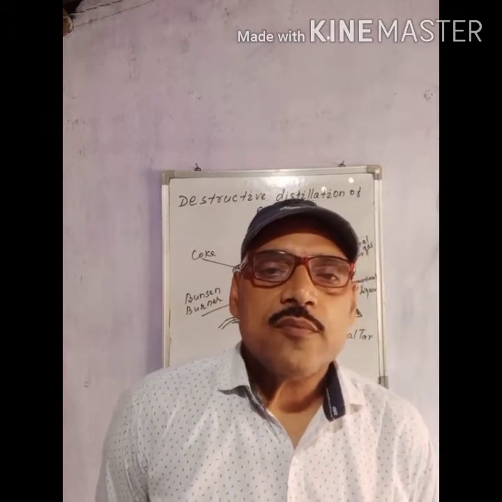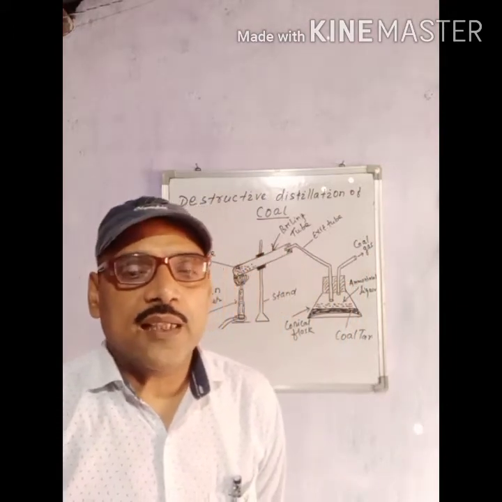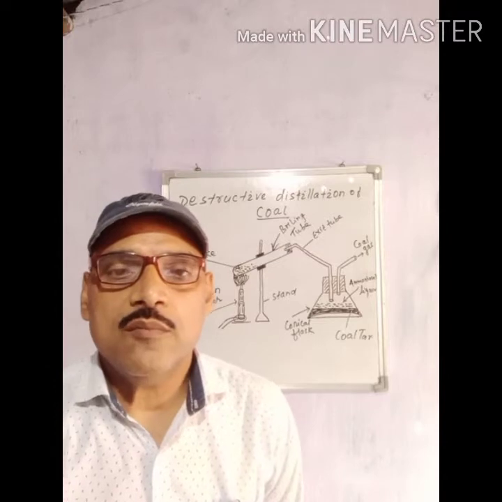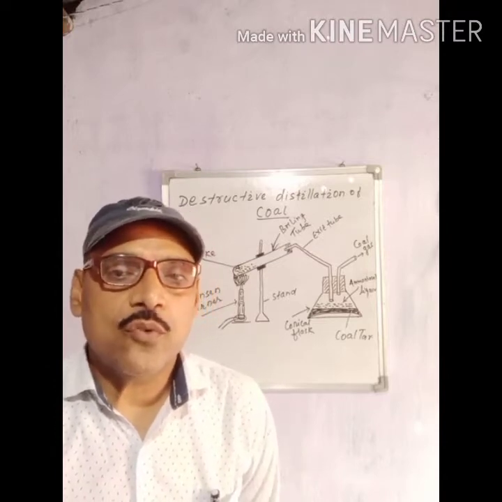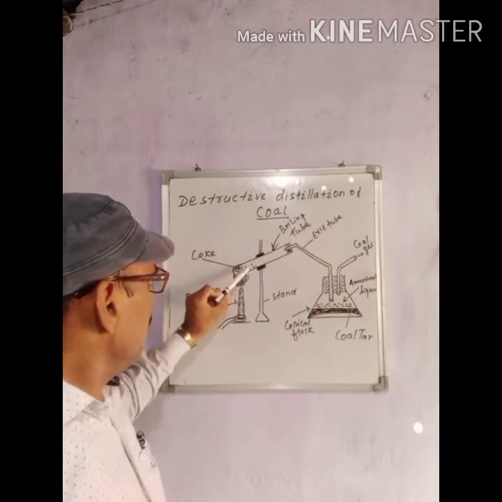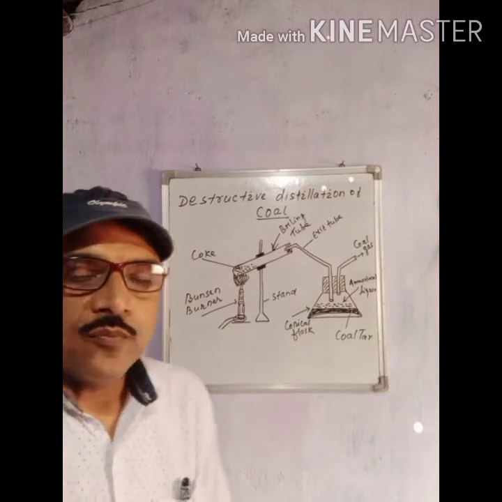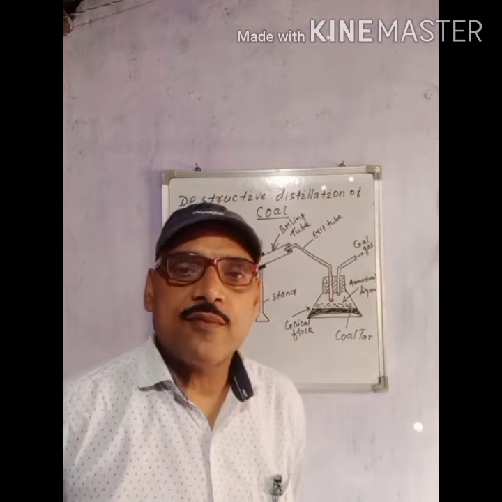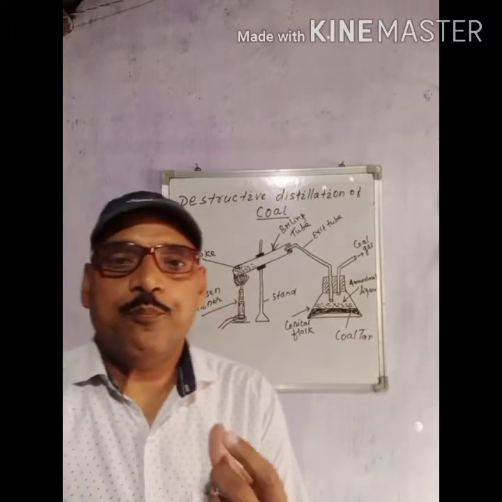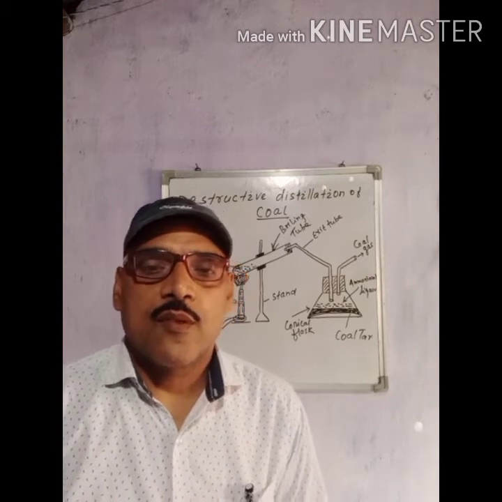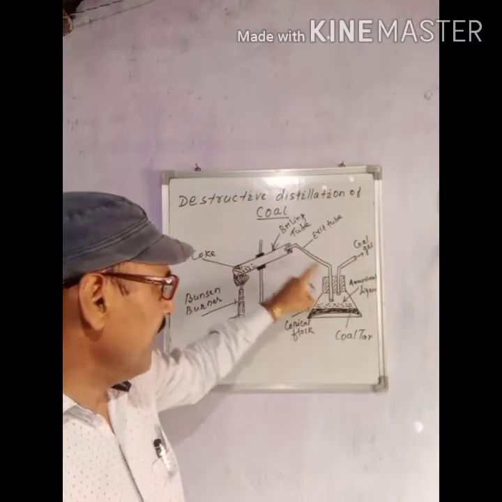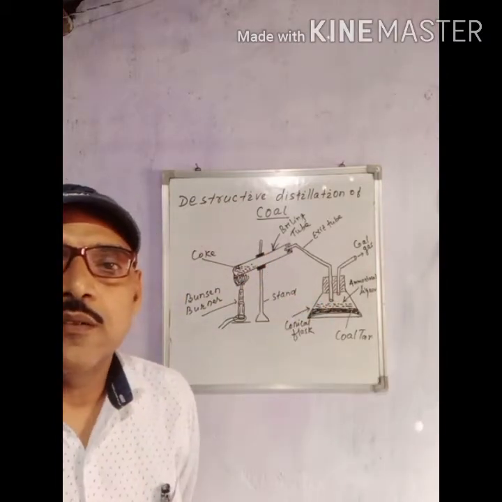Students, there is a diagram on the board. You can see in this diagram destructive distillation of coal is shown. Here this is a boiling tube. This tube is made of strong glass, and in this tube we take powdered coal, and then establish the apparatus according to the diagram.